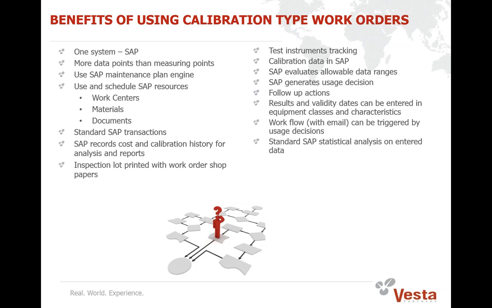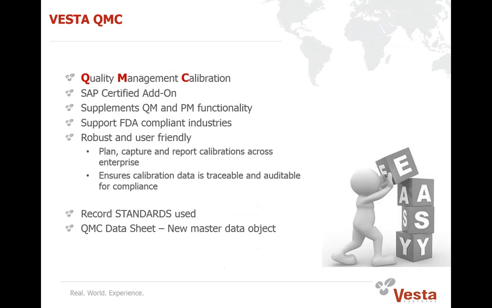And again, what all this summarizes is that you have all of your data still in SAP. SAP manages all of it, and you have it all available for statistical analysis of your entered data. There's no requirement for any third-party applications externally or external integration.